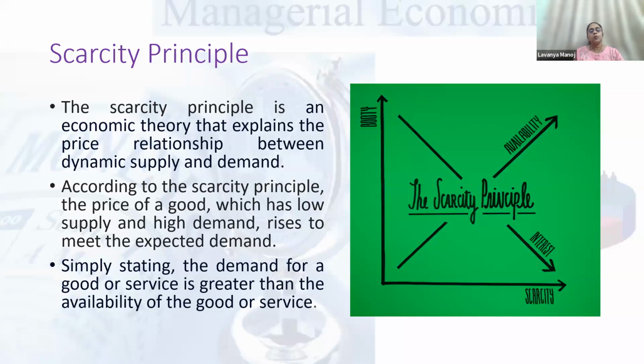From the consumers' point of view, this is completely not acceptable. It's against the economic principle, completely not okay. But from the organization's point of view, it's making use of the situation.